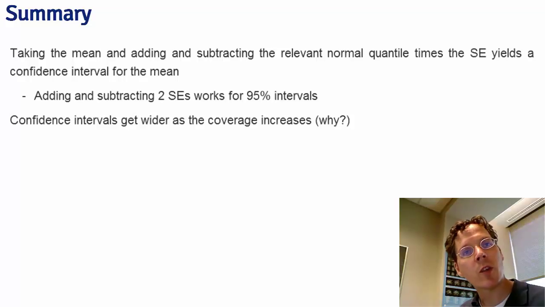Now, confidence intervals get wider as the coverage increases if you're staying within a single technique. Now, why would this be the case? Imagine if someone were to put a gun to your head and say, unless this confidence interval contains the true parameter it's estimating, I'm going to pull the trigger, which is a ridiculous circumstance, but humor me. What would you do? Well, you certainly don't want them to pull the trigger, right?